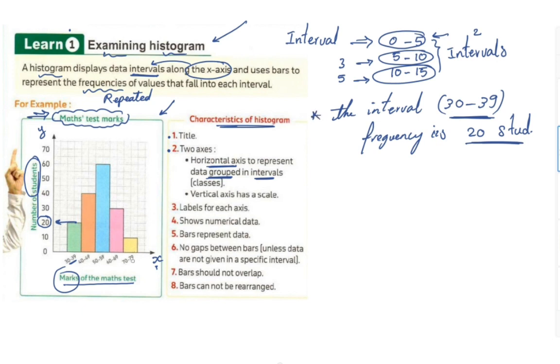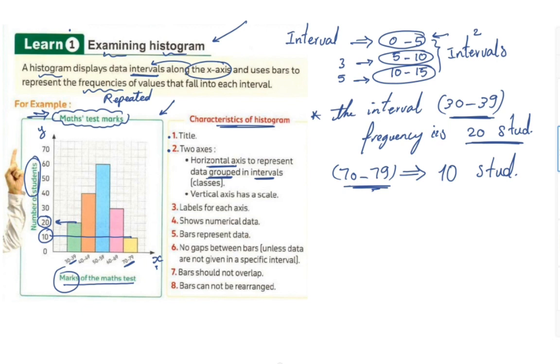Another one, maybe from 70 to 79. The frequency is 10 students with this interval of marks.